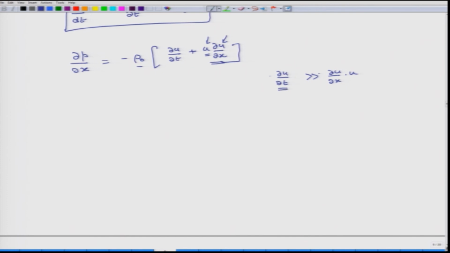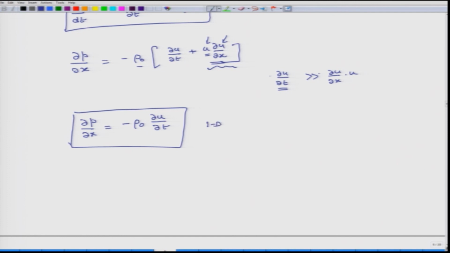Okay. So if that is the case, then I can omit this term and I can write del p over del x is equal to minus rho naught del u over del t. So this is my final form for the 1D momentum equation.